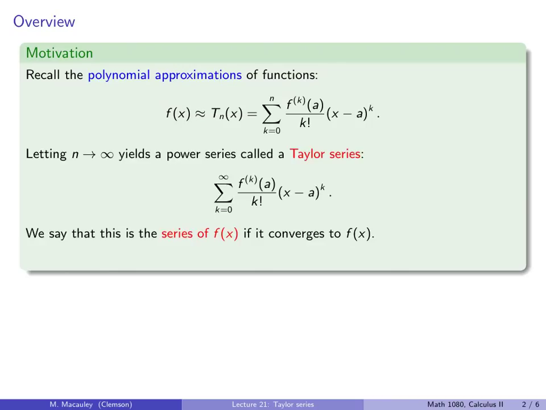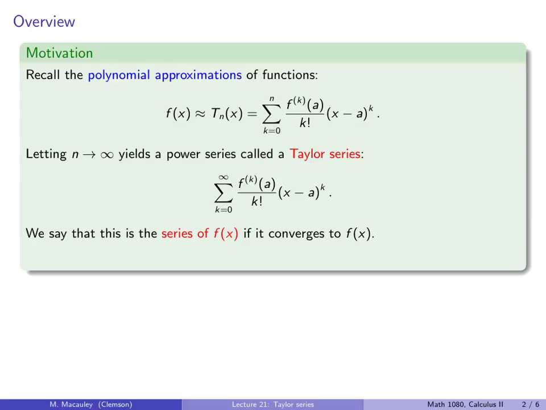So in this section, let's take the limit of this, and instead of having a degree n polynomial, let's let n go to infinity and get an infinite series. That's going to be an approximation that's better than any finite degree polynomial. This is called a Taylor series. Remember that these were called Taylor polynomials.